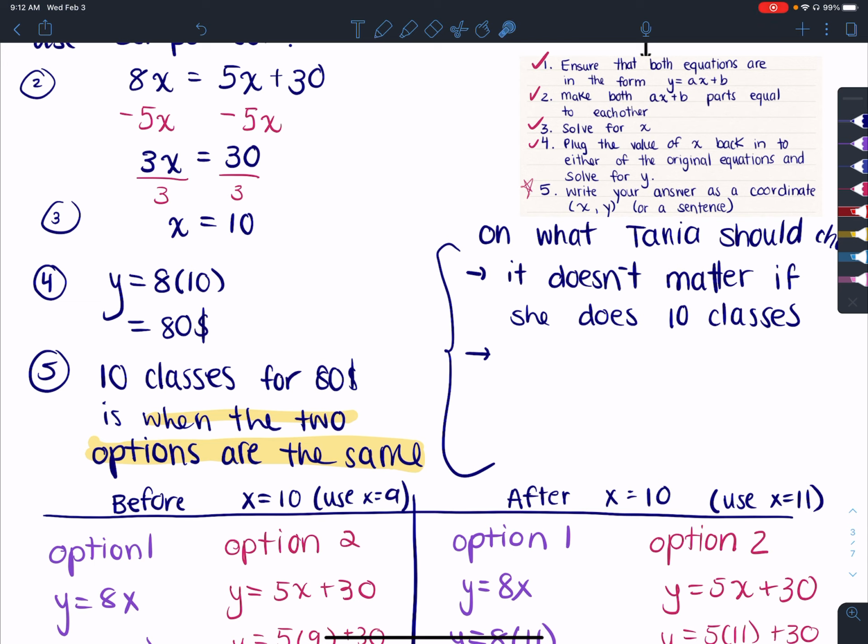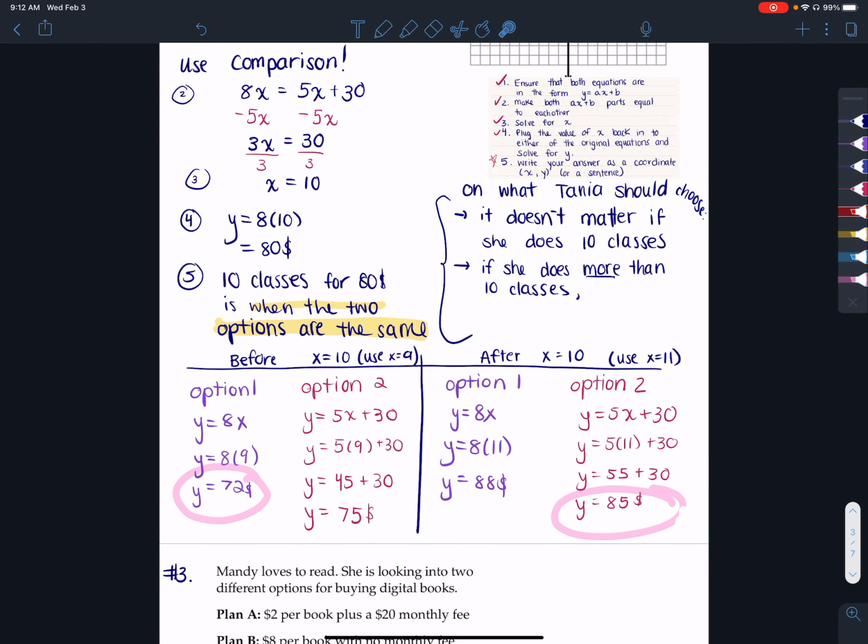So it doesn't matter if she does 10 classes because here we know that they're the same. If she does more than 10 classes, we're looking at option 2.